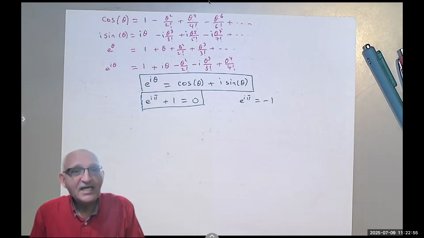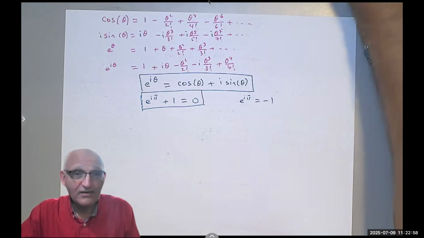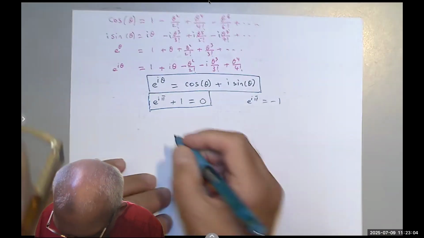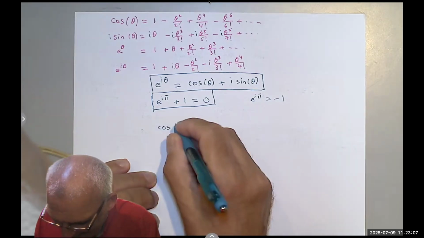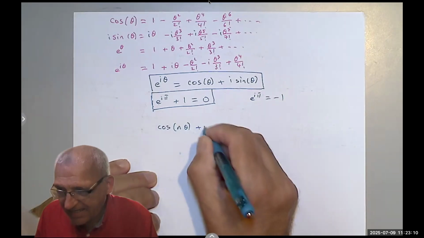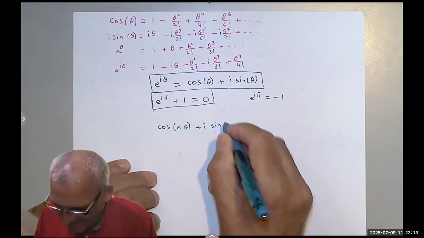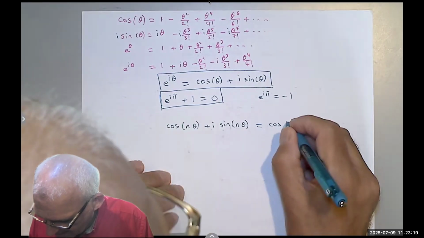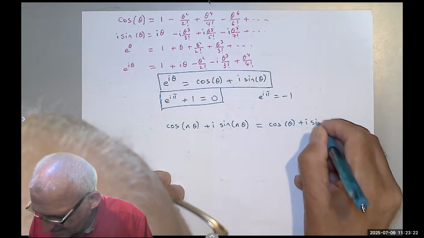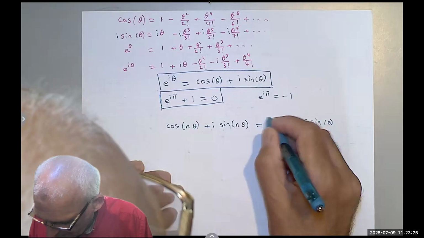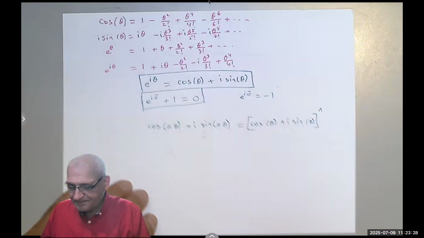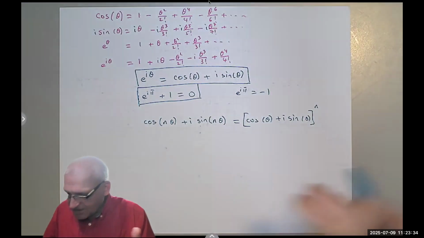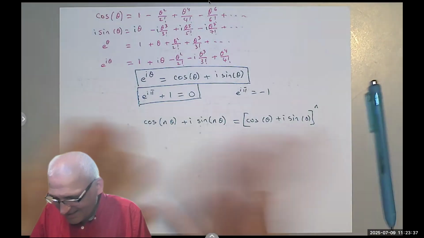For example, somebody came after that, de Moivre, with a theorem that says, notice that if I take cosine n theta plus i sine n theta, that would be the same as taking cosine theta plus i sine theta and raising the whole thing to the nth power. And you say, okay, nice mathematical, complicated equation, but I don't see where I will need that.